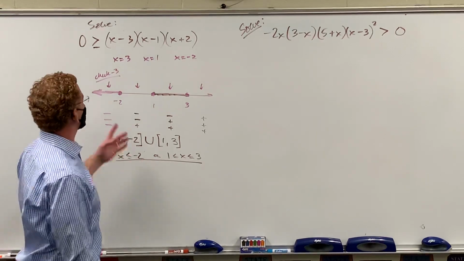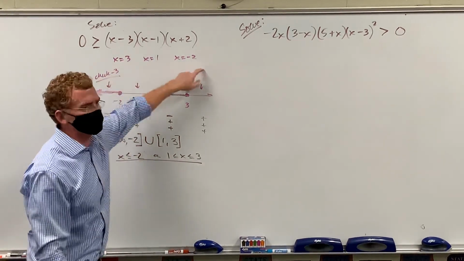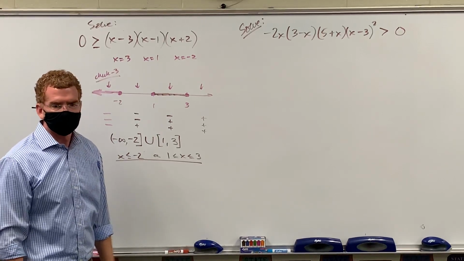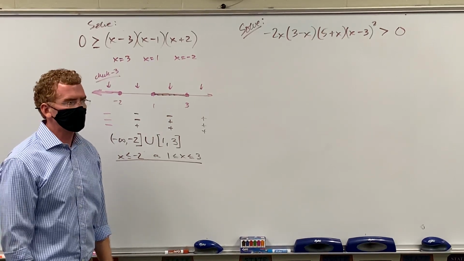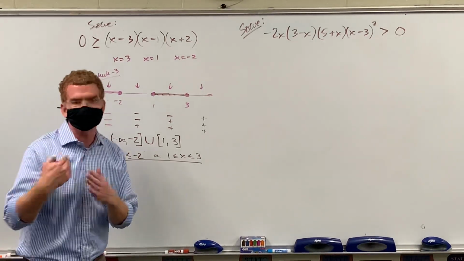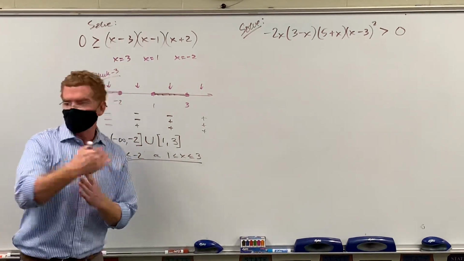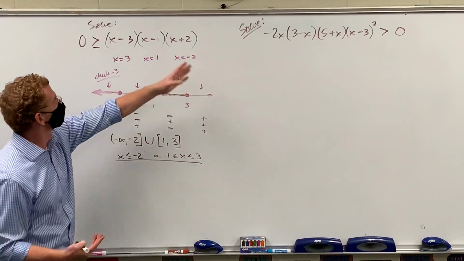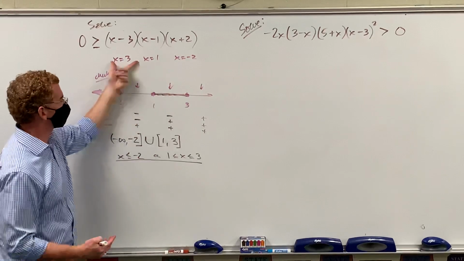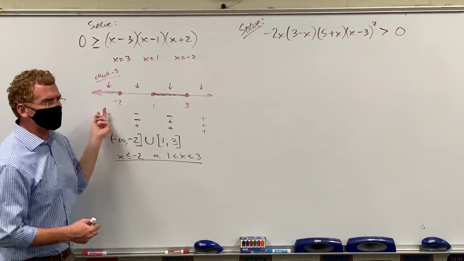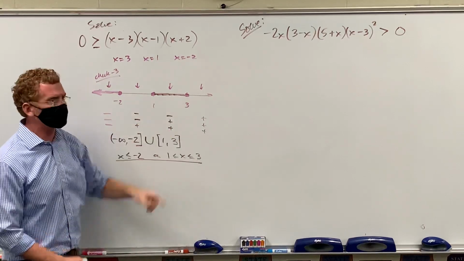So since I didn't say equal, do I need to find these critical numbers? No. Yes, why? Because I got to put an open circle there. There's still the places where what? I go from shaded to non-shaded. So whether they're equal or not equal doesn't really matter. I still have to find what matters, but it doesn't really matter in terms of ignoring it. I still have to find where to put a closed or an open circle.